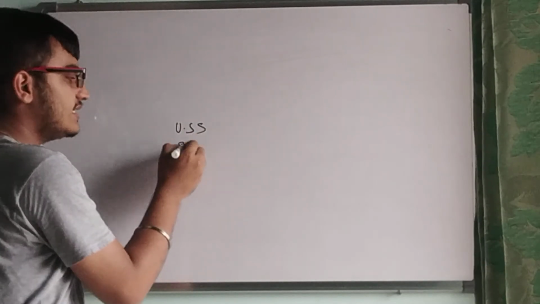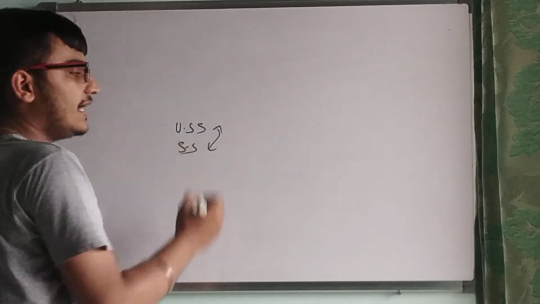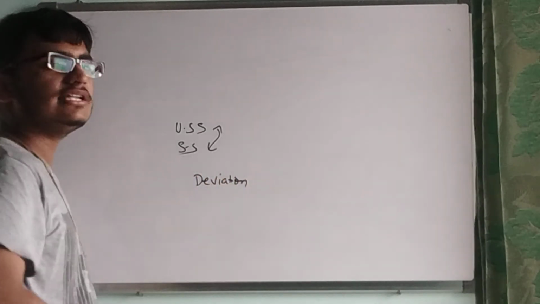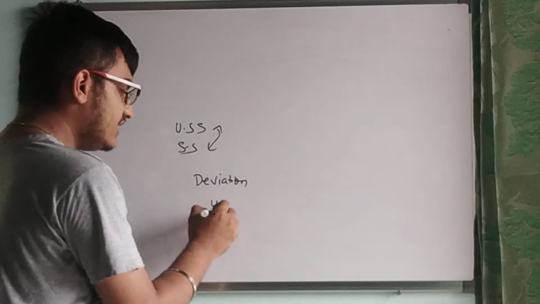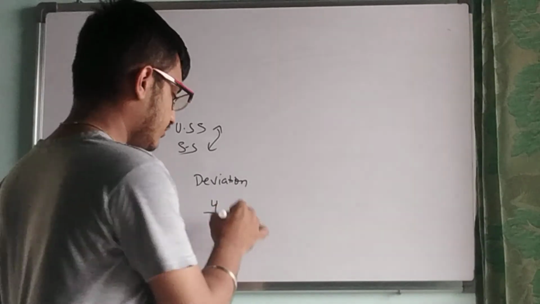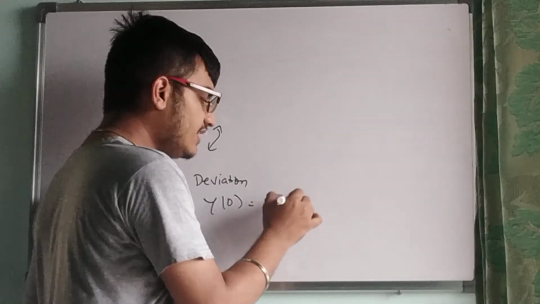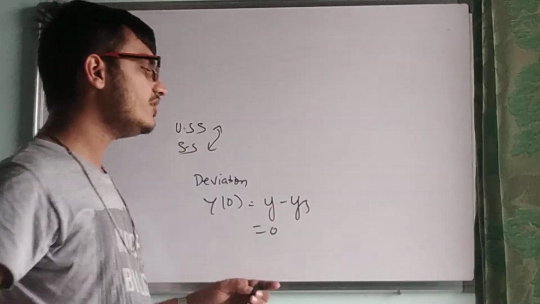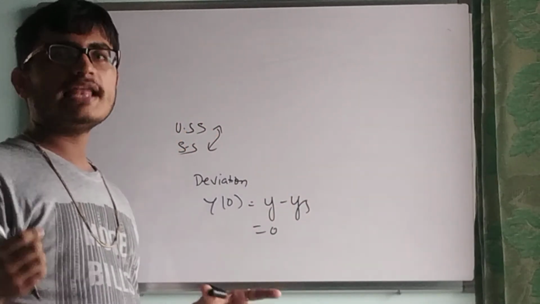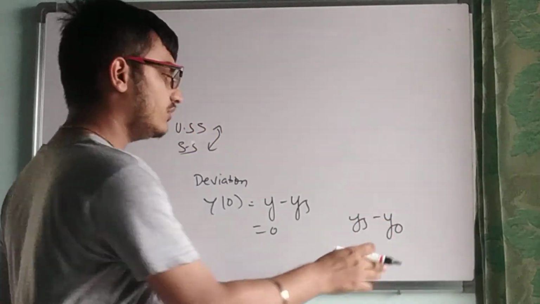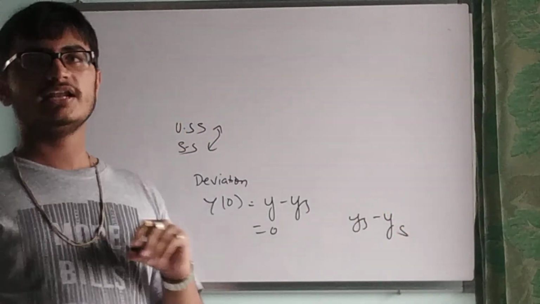That energy balance equation you will write for unsteady state and steady state. You will subtract them and consider deviation variables. After considering deviation variables, at the initial stage, your output at y of 0 will be 0. Why? Because initially when you calculate a certain value, your steady state output and your initial output will be the same. Right?